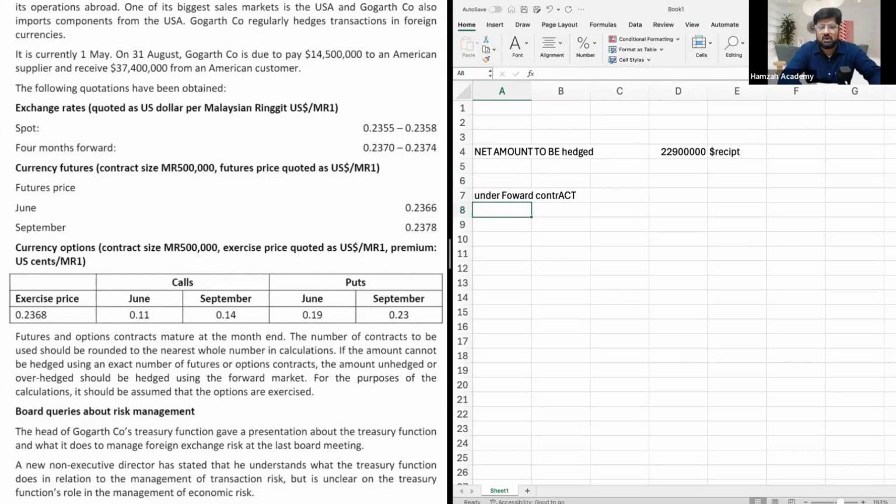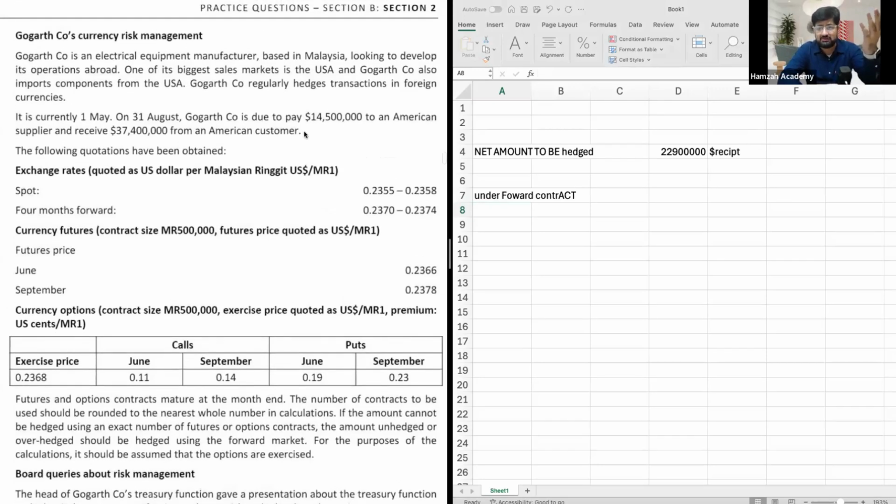Students, very easy to calculate. They have given the 4-month forward rate because that has to be received in 4 months' time. Currently it is 1st May. Yes. On 31st August. For May, June, July, August, 4 months' time.